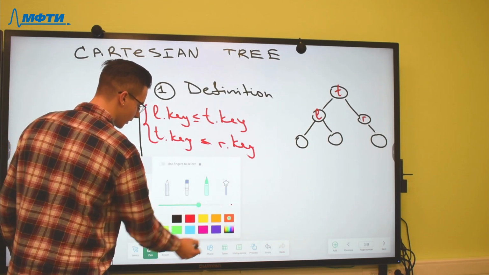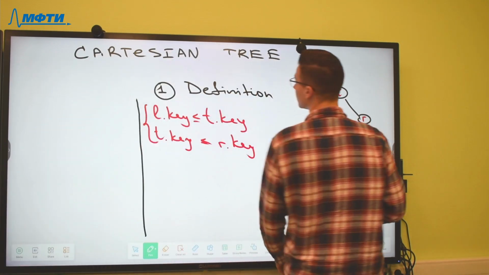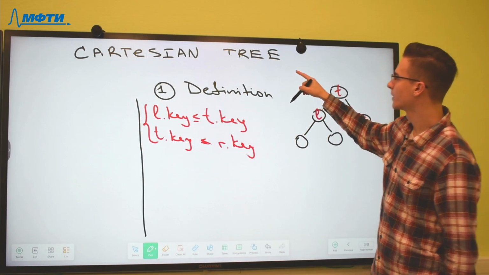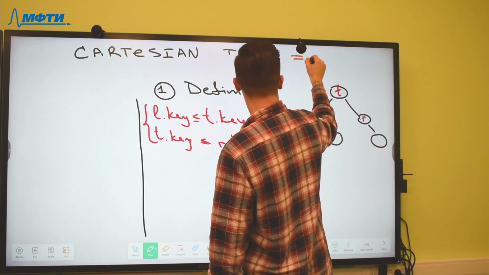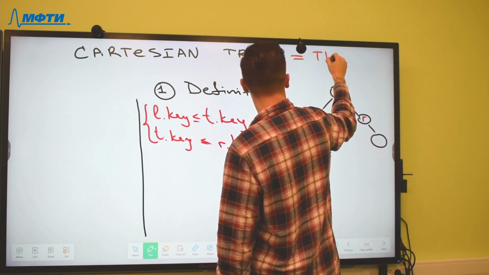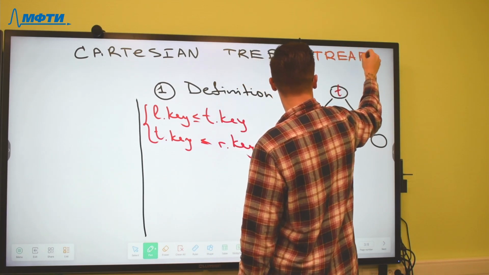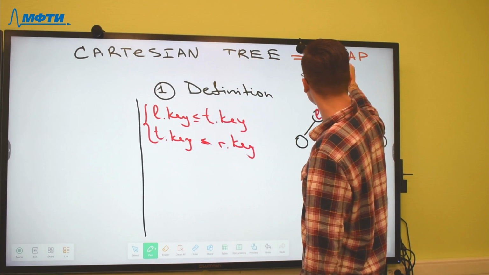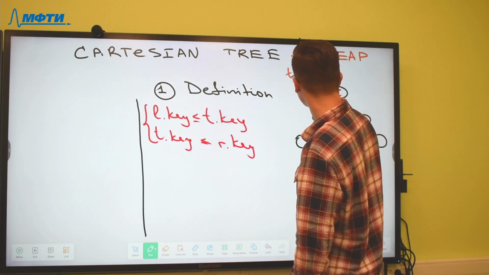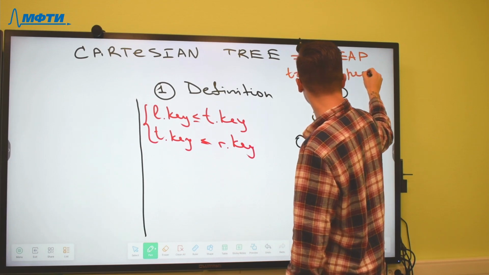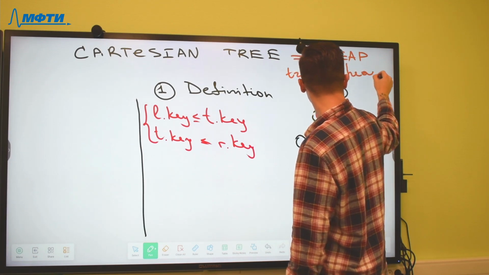Usually you can find the abbreviation of the Cartesian tree equal to treap, because it is tree property plus heap property.